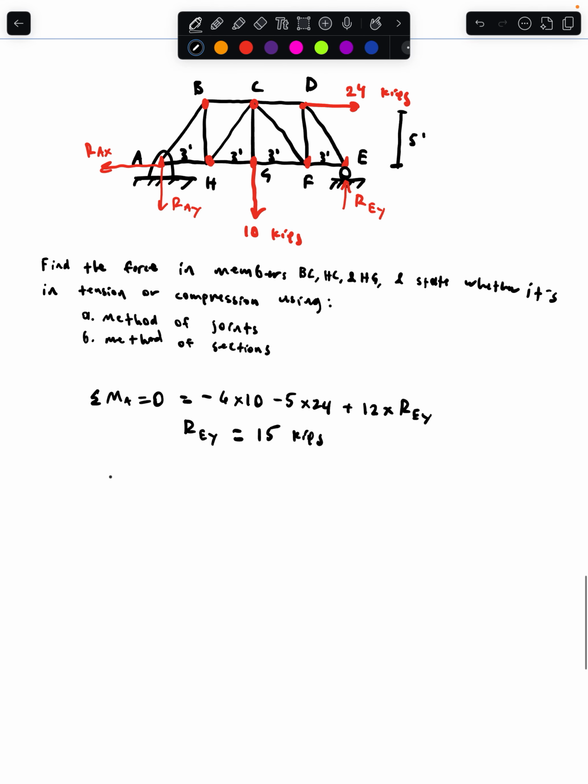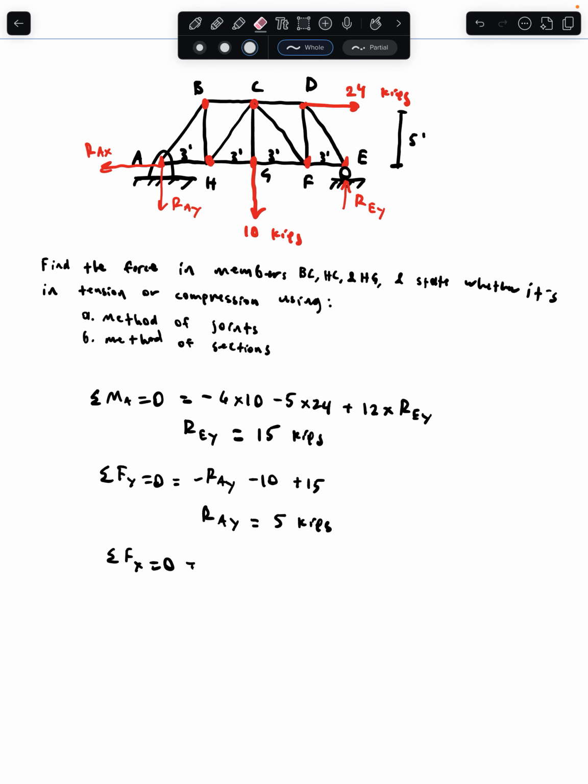Okay, and then we can do the sum of the forces in the y direction to solve our reaction force at A in the y direction. So our reaction force in the y direction at A is going to be 5 kips. And then in the x direction, we only have 2 forces there.